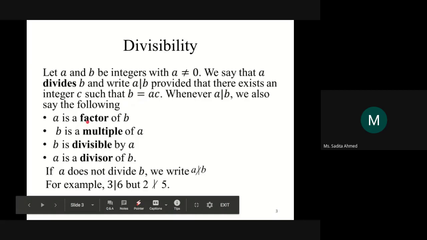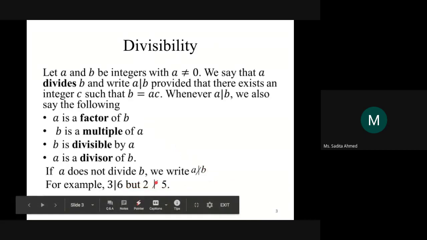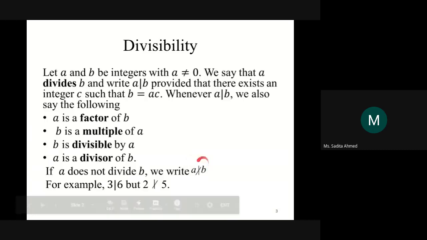I've discussed this already. So when we say something like this, it goes to say that a is a factor of b and b is a multiple of a, and that obviously b is divisible by a and a is the divisor of b. These examples as well we have discussed. When a number does not divide another number such that the result is an integer, we use this symbol.